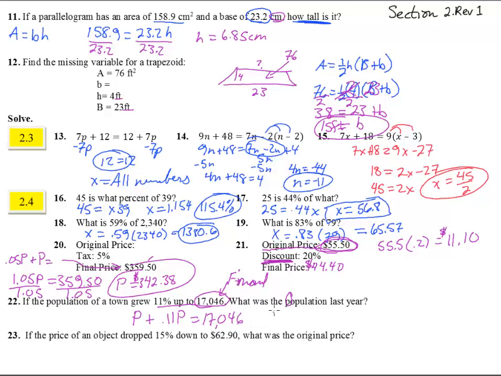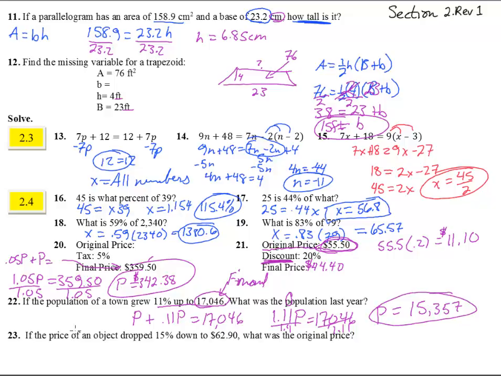So we get 1.11p equals 17,046. Divide both sides by 1.11, and we get p is equal to, round to the nearest person, 15,357.